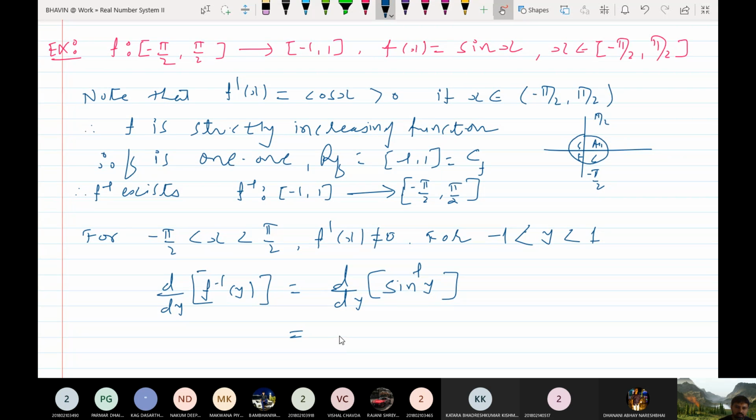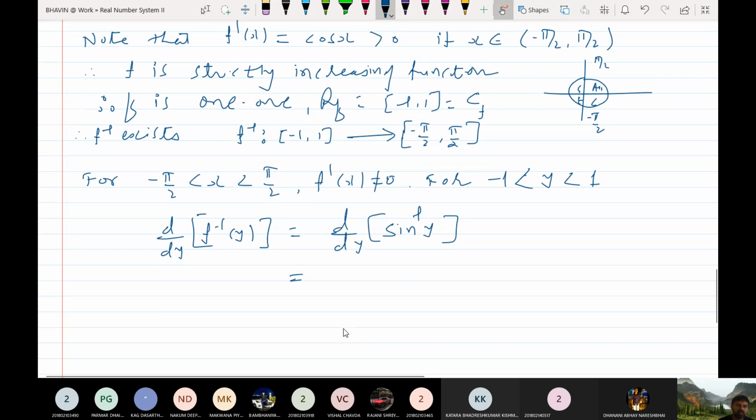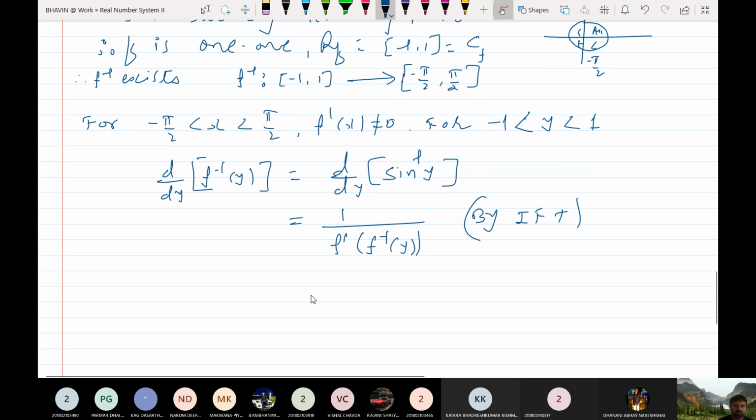आंसर तो मुझे डायरेक्ट पता है कि भाई ये है, लेकिन बाय इनवर्स फंक्शन थ्योरम उसका आंसर क्या है, 1 अपॉन f dash at this point of f inverse y, by which theorem? इनवर्स फंक्शन थ्योरम. अभी देखिए f inverse y की डेफिनेशन क्या है?